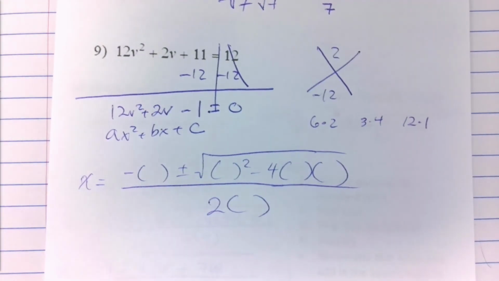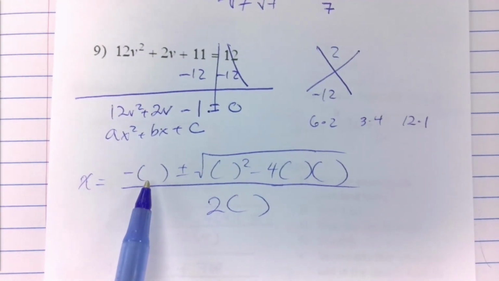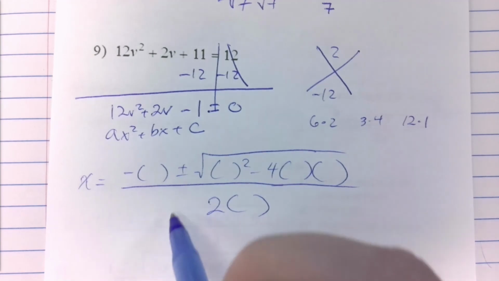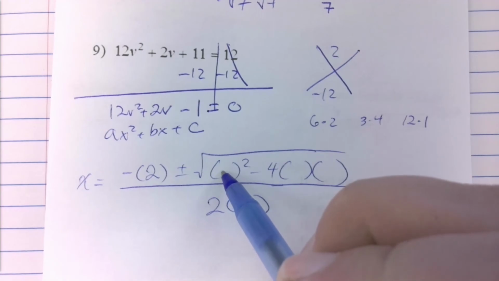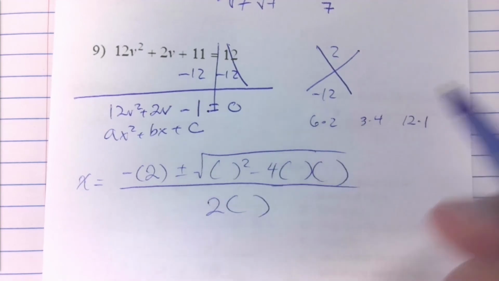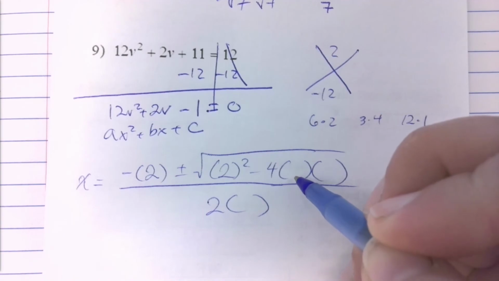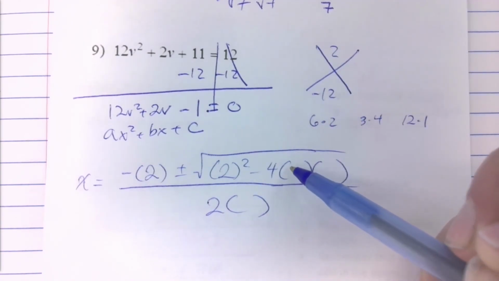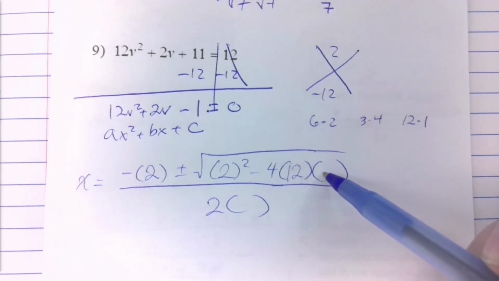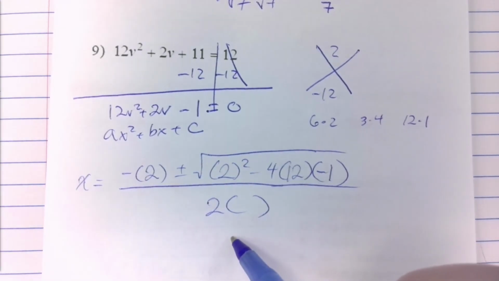Let's plug it in. What goes in my first parentheses? 2. What goes in my second set? 2. What goes here? Good. What goes here? And what goes on the bottom?